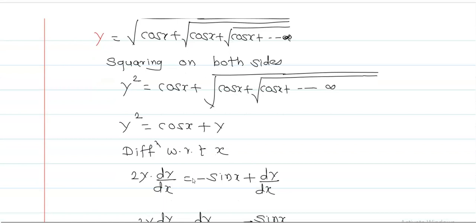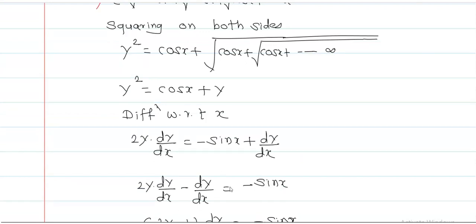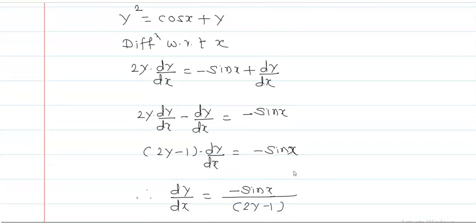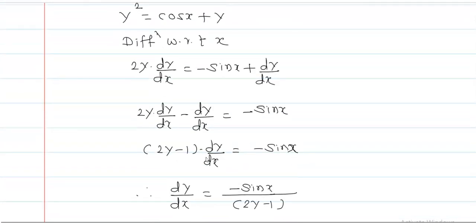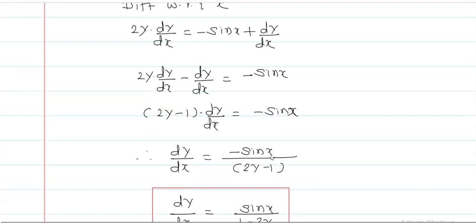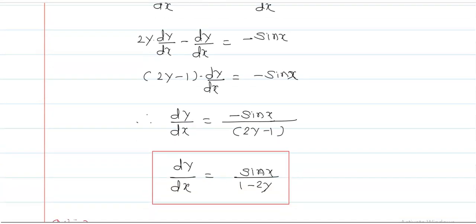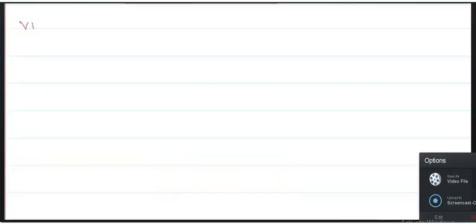Differentiate this with respect to x, y square is 2y, cos is minus sin, y is again dy by dx. Collect the terms of dy by dx on the left hand side, 2y minus 1 into dy by dx is equal to minus sin x, and hence dy by dx is equal to minus sin x upon 2y minus 1, therefore dy by dx is equal to sin x upon 1 minus 2y.